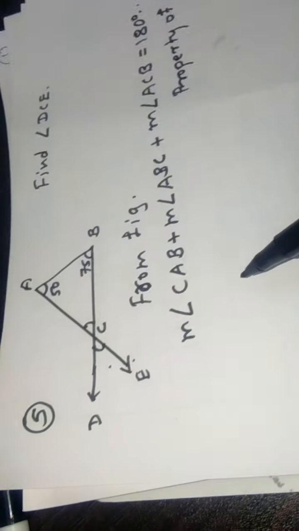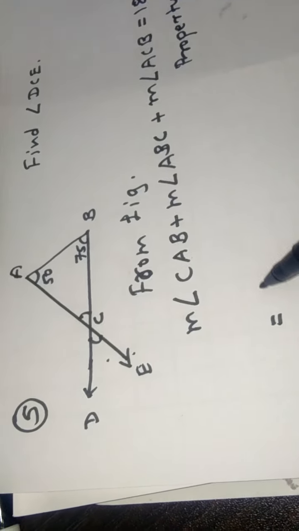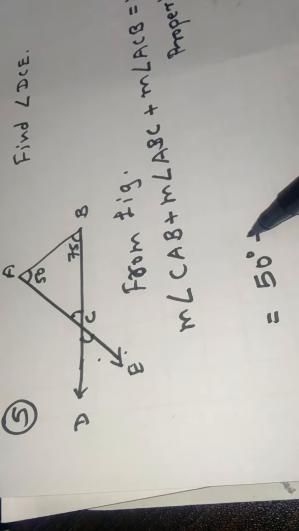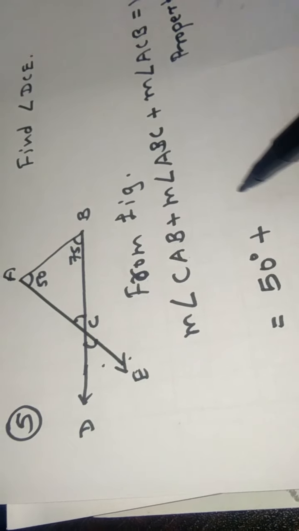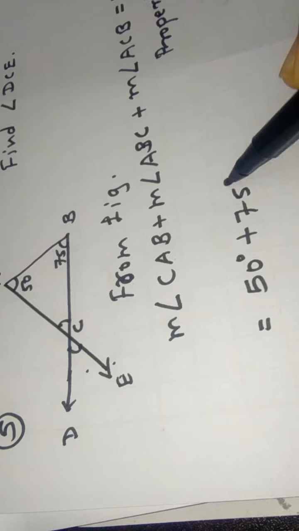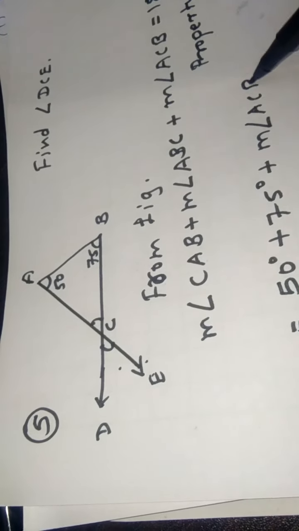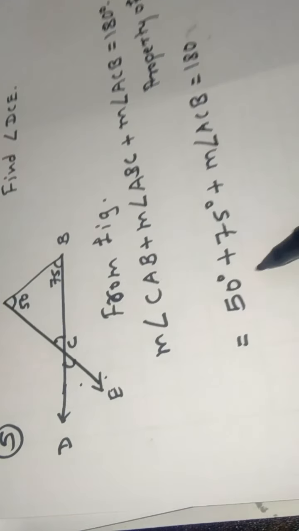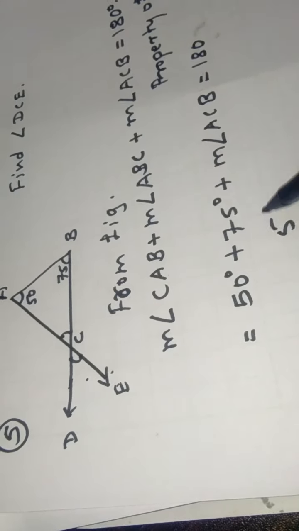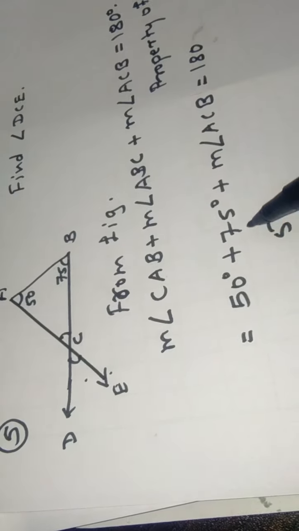Measure of angle CAB is 50 degree plus measure of angle ABC is 75 degree plus measure of angle ACB is equal to 180 degree. Do this addition. 5 plus 7 is 12, plus measure of angle ACB equal to 180.